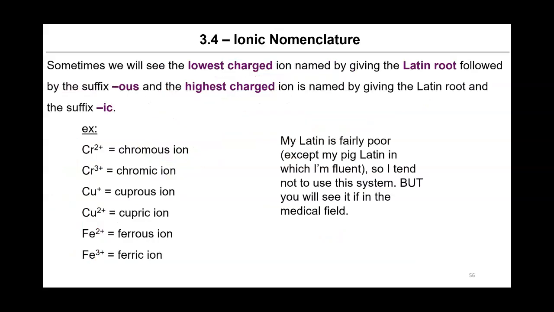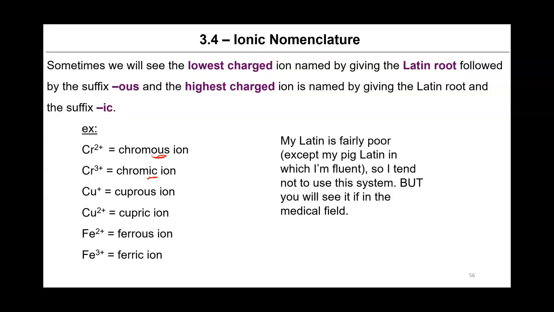Now, there is an older, slightly old-fashioned way of naming these variable charged cations, and it's a little bit complicated. What we do is we take the root name of our metal ion, so the first syllable of the metal's name, and then we add the ending -ous to the ion with the lower charge, and the ending -ic to the ion with the higher charge.